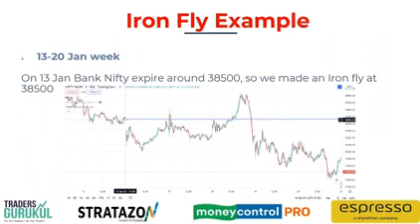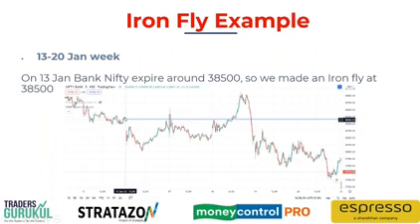So I took a recent week example for this reverse buying. 13 to 20 Jan week. This is the last week expiry. On 13th January, Bank Nifty expired around 38,500. You can check in this chart. 13 January 2022, around 3:20.